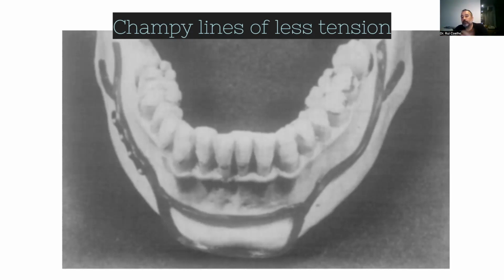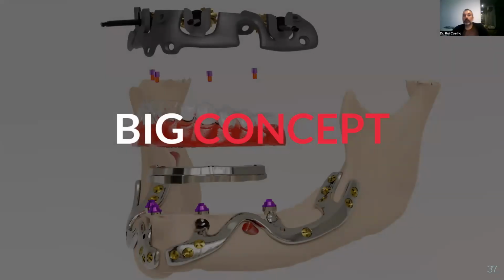So we can reduce fractures by using only these lines and monocortical 2.0 screws. Again, what you are going to see is what Professor Ciampi has shown us.